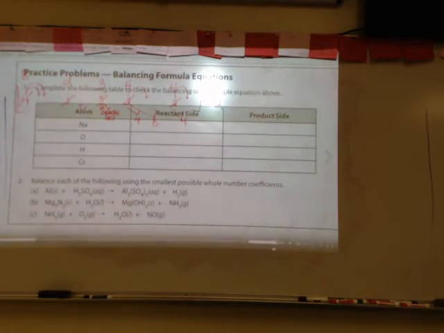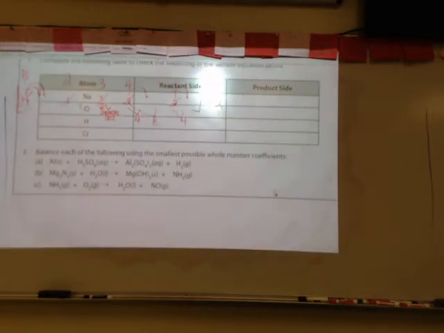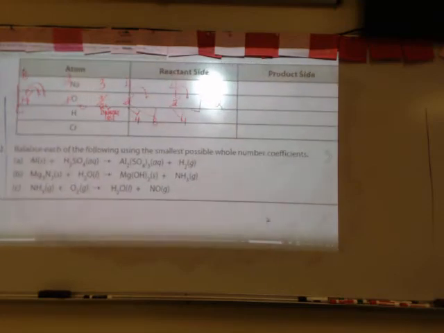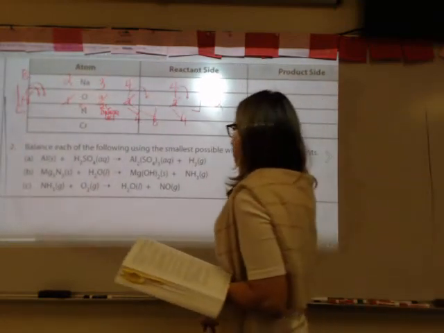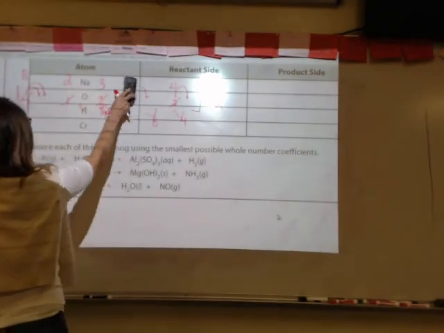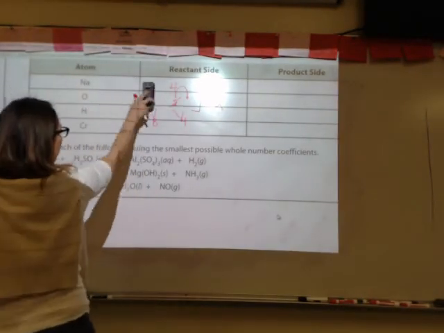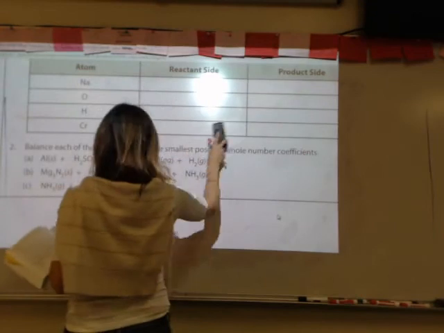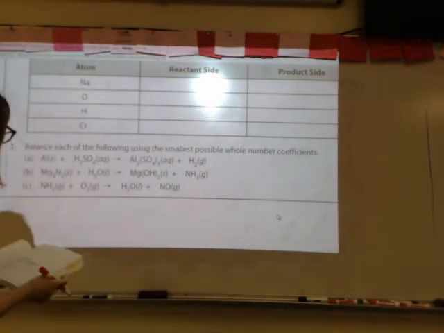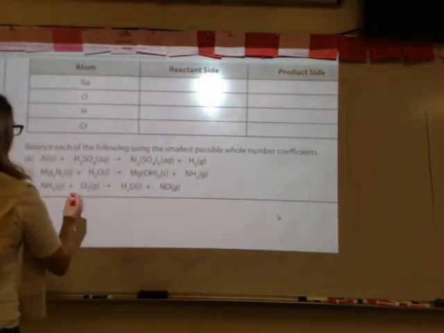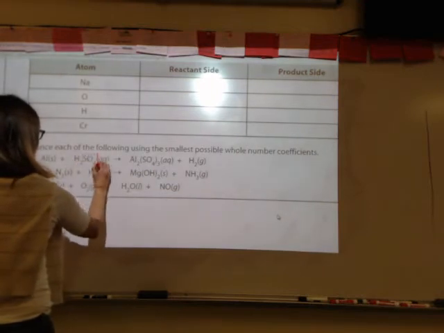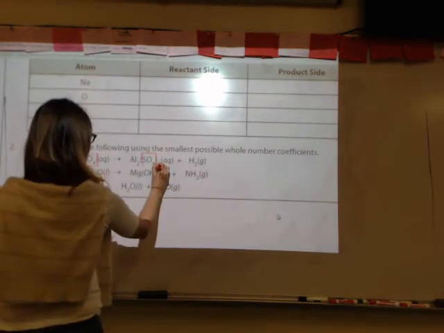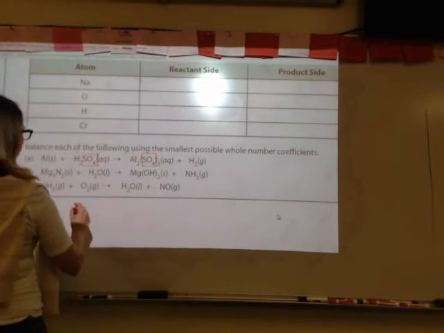I'm going to skip practice problem number 1, and I'm going to go to practice problem number 2. Now, when we're balancing, you want to have the smallest possible ratio of whole number coefficients in front of all of the different substances. So here we have a sulfate on each side, which is a polyatomic ion. So I'm going to balance this first.